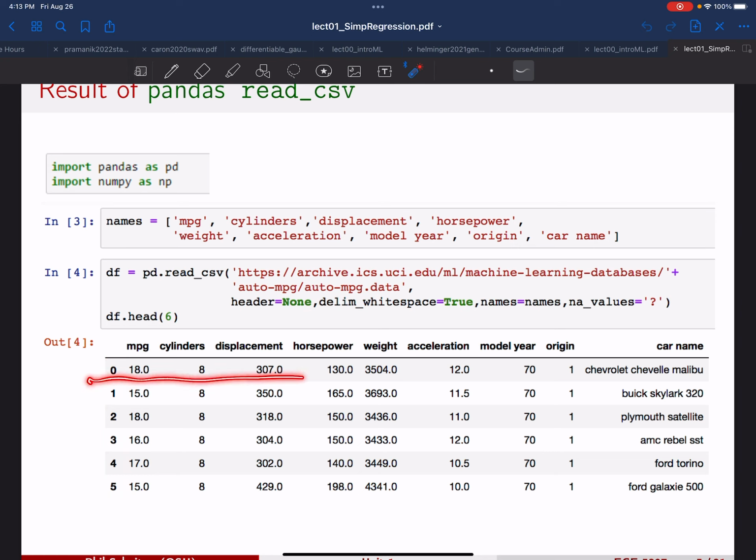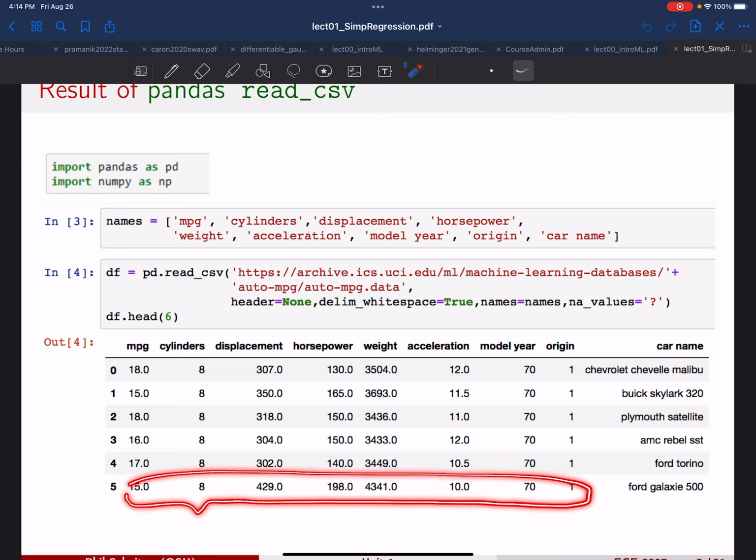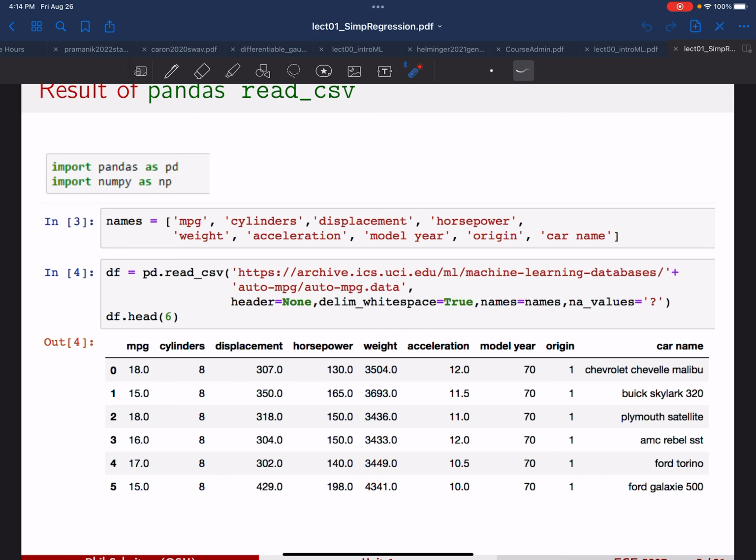Each one of these rows is what you would call a sample in the data set. And each of those samples has a bunch of different values, and those are what we call the features, or there's other names. We'll get into that later too, but you can see that the first one represents miles per gallon, the second one represents number of cylinders, and so on. And the last one is the name of the car.